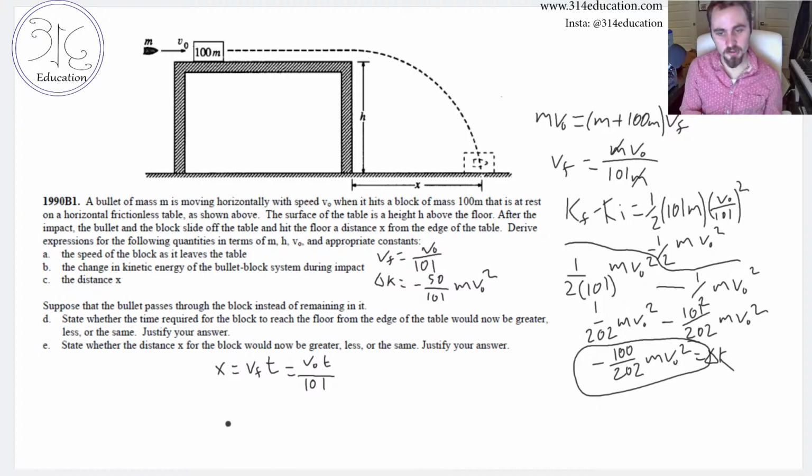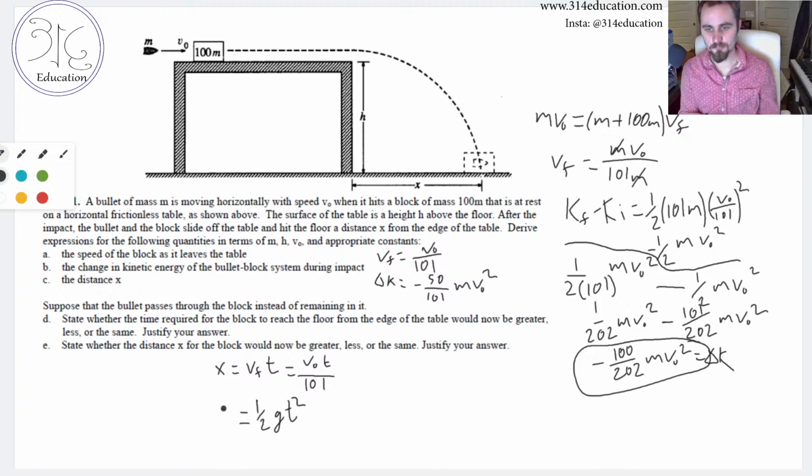We have to use the y equation to work out how long it took us to accelerate down and travel through this distance h. So the distance in the y that we traveled was h, and that equals 1/2 g t squared.